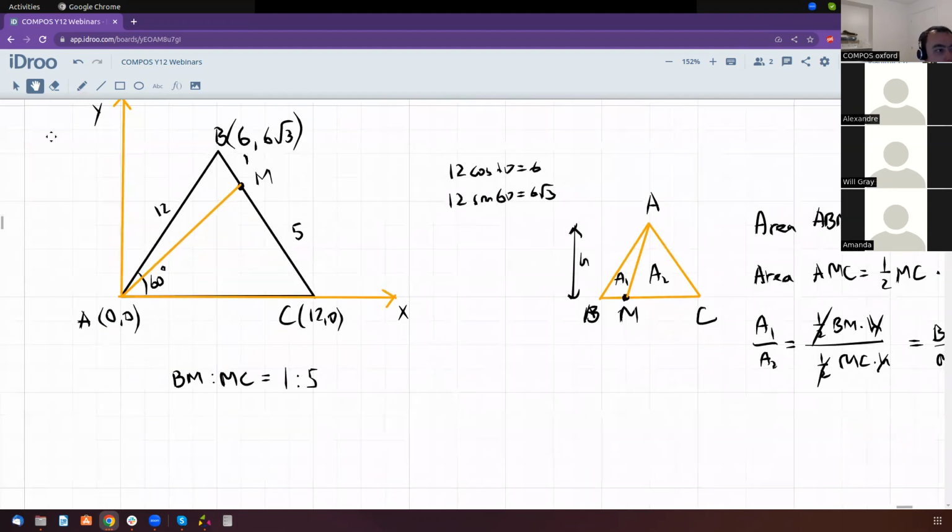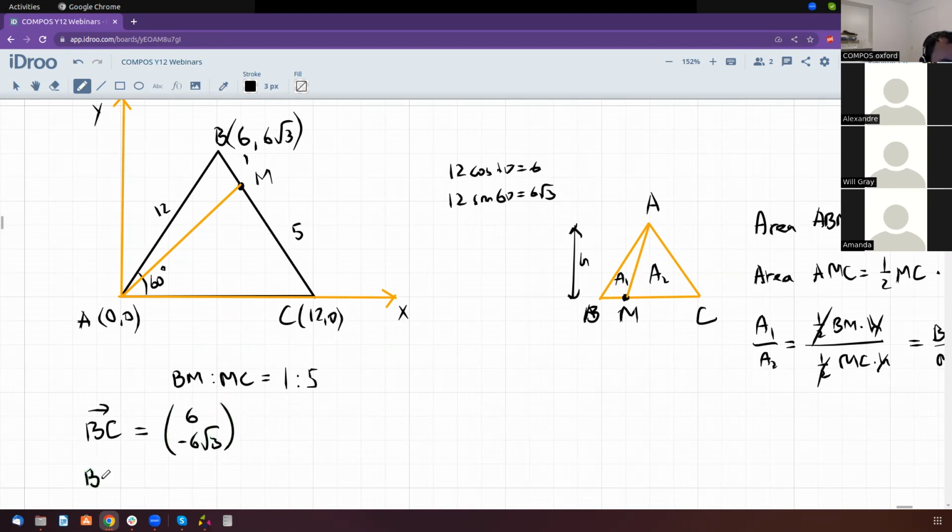Right. So we need to find the vector BC first. And BC is C minus B. So it's 12 minus 6, so that's 6. And 0 minus 6 square root of 3, so it's minus 6 square root of 3.